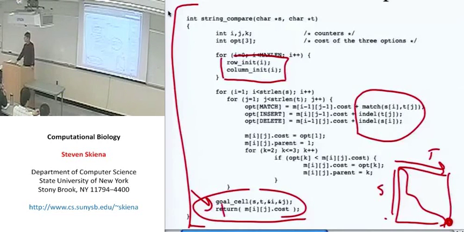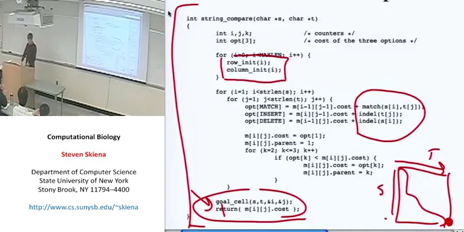Okay, yes? Wouldn't you need an extra row and column in addition to S and T, since you're considering not using a character from T or not using a character from S? From the init? Well, the init should be sort of comparing the empty string, the empty prefix. So I think of the init as being in position 0.